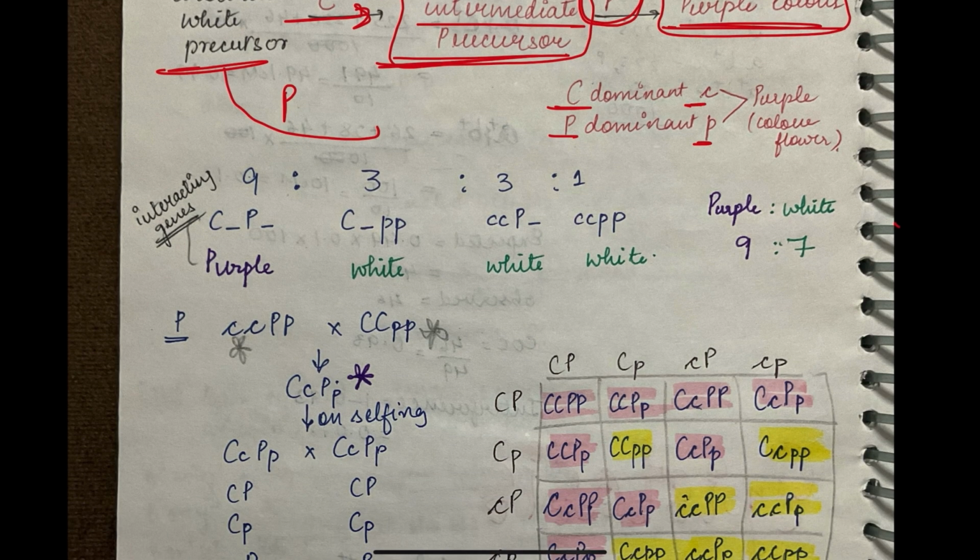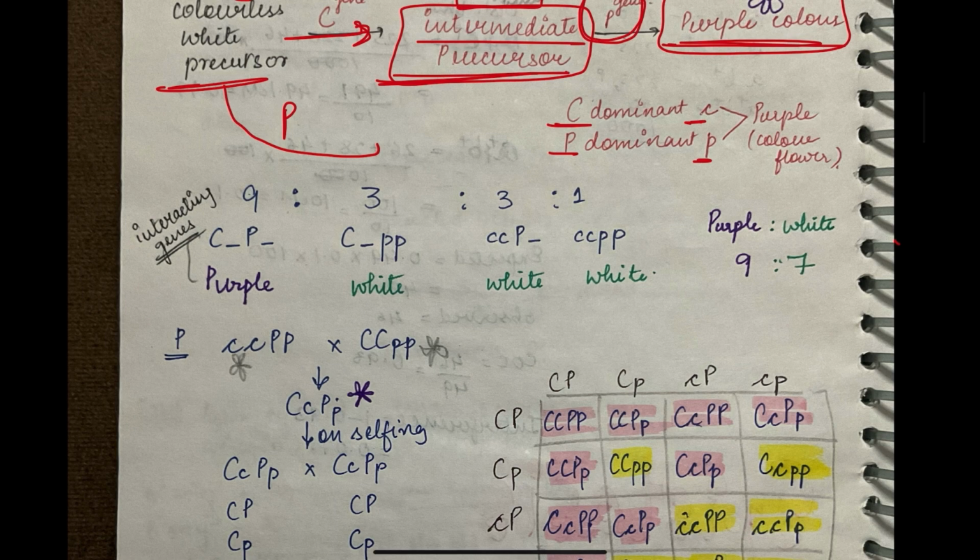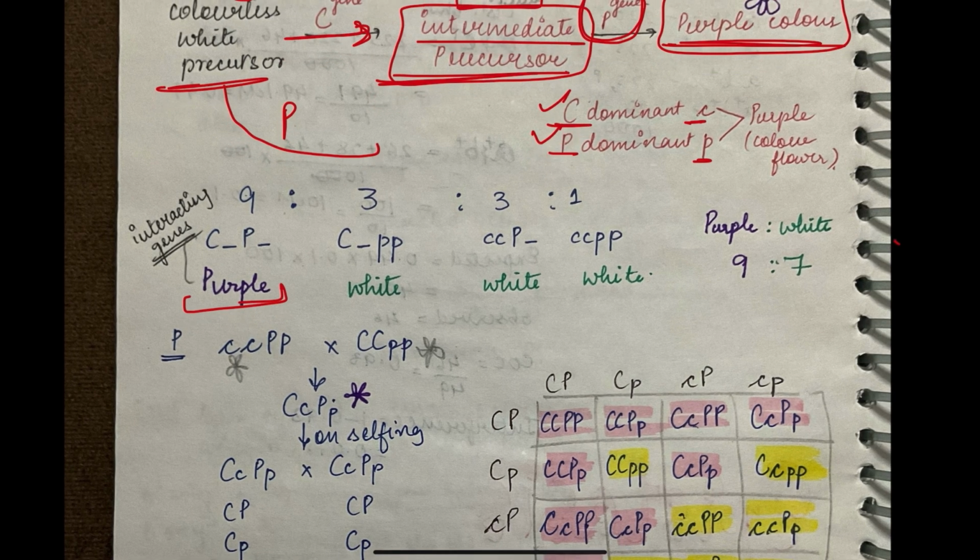So the dominance of both C and P can only form purple color, right? Where C or P is not dominant, it will show white color only. So we have seen that.